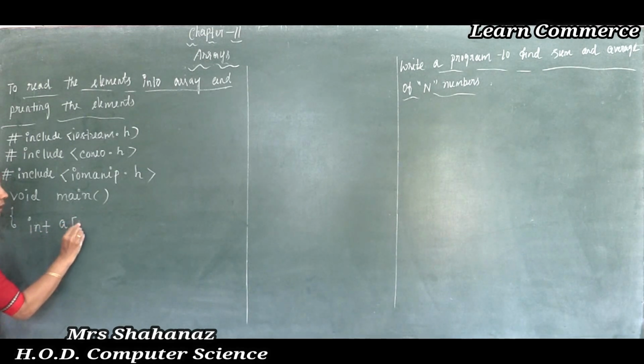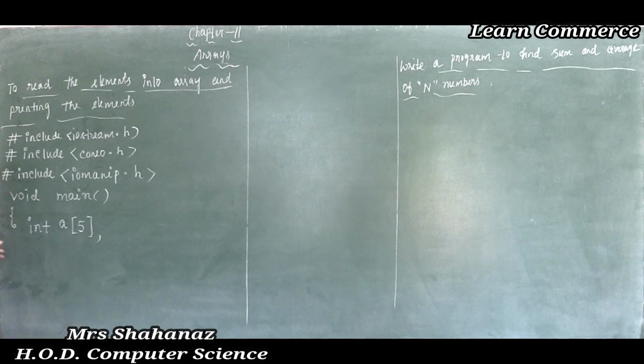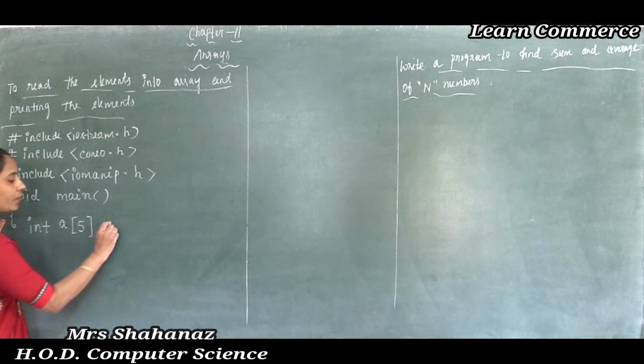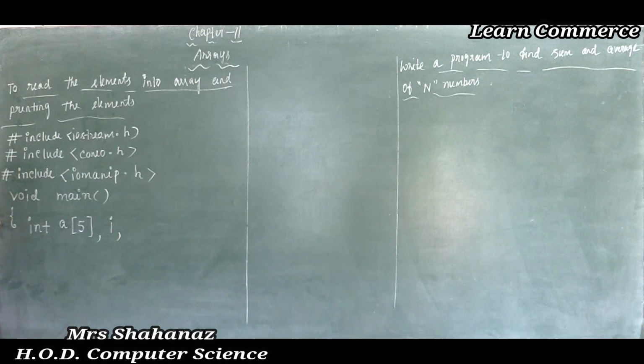Then, the array name with the size. The array name is a, and the number of elements I want to use is 5. I also want to use the variable i.